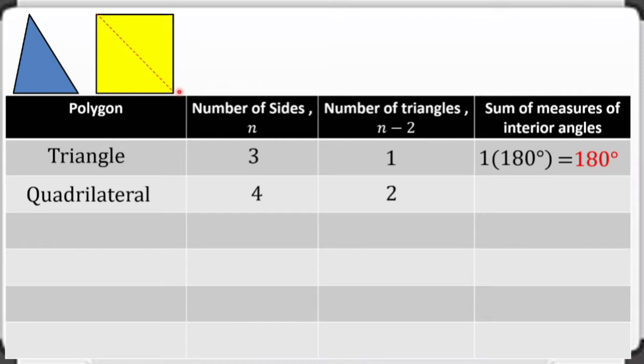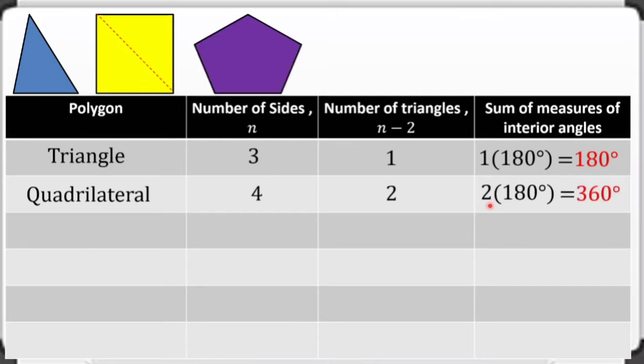Correct, we form 2 triangles. Therefore, 2 times 180 degrees, again, 2 here is the number of triangles formed in a figure. So 2 times 180 degrees is 360 degrees.